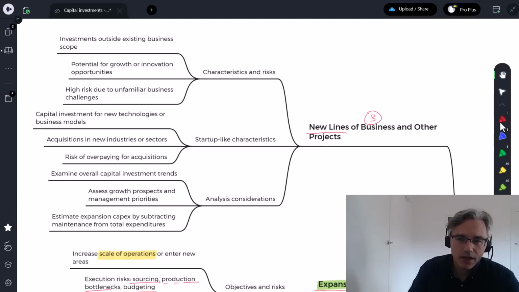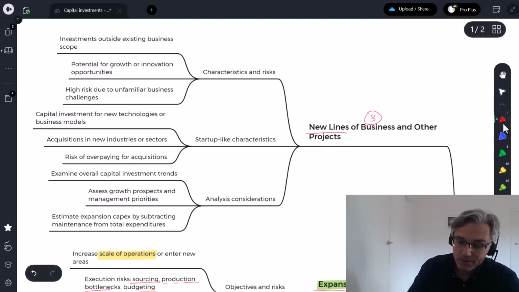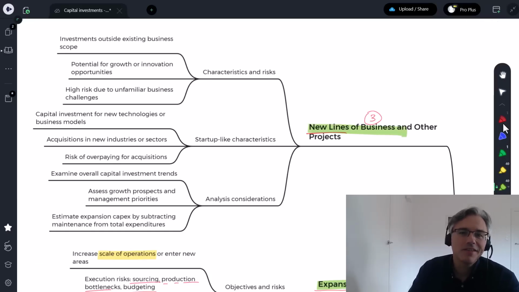Sometimes what will happen is you will want to move into a completely new line of business, which is exciting, but it's the most risky type of investment, to go completely outside your area of expertise or an area which is minimally related to the existing business.